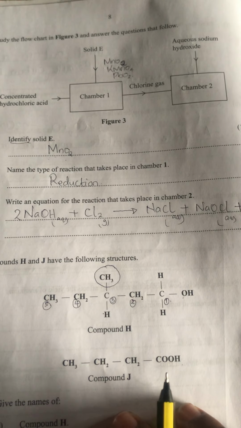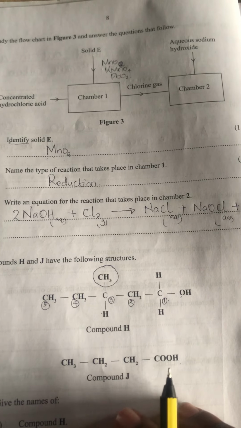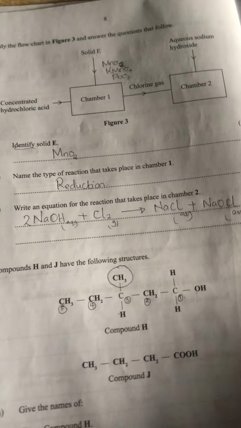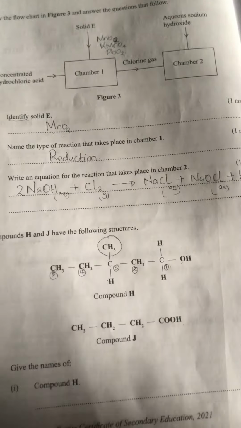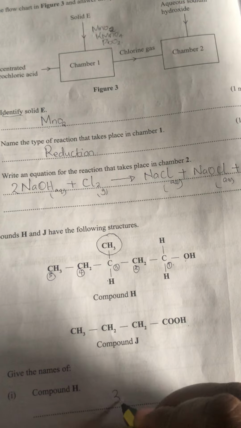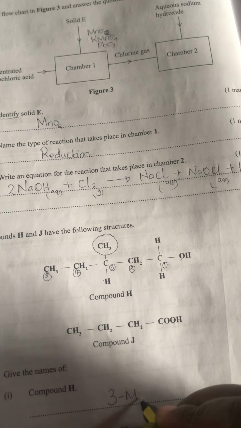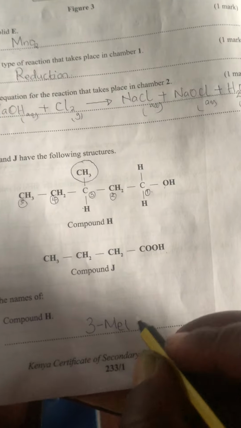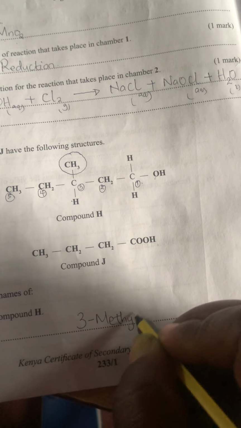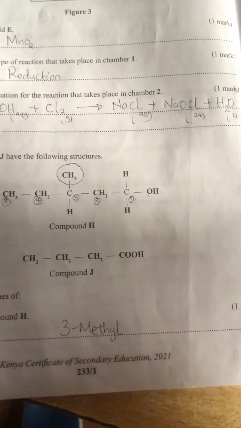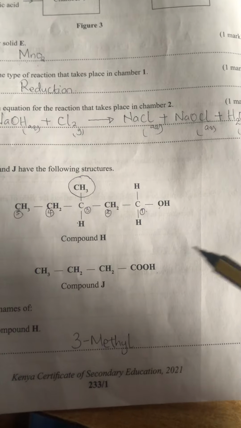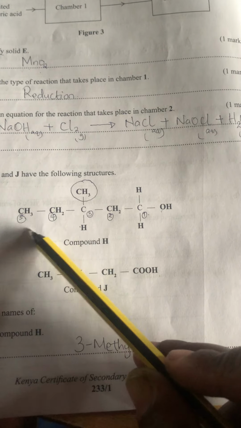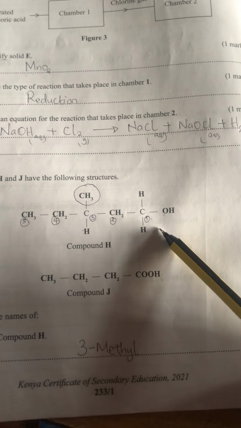So the branch being a methyl, the name of this compound will therefore be 3-methyl, that's the branch. Then we go to the parent, which has 5 carbon atoms, so it's going to be pent.